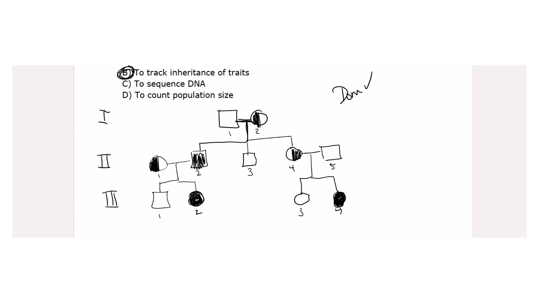Let's do it this way then. Okay, so what do we have? We have 3 males and 2 females affected. Okay, so we can assume maybe X-linked. So we're assuming sex-linked.